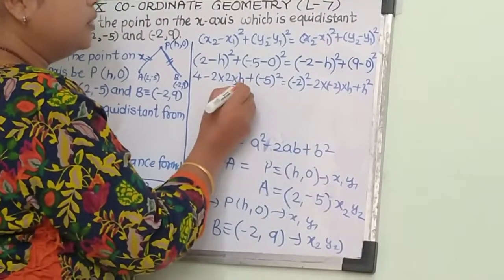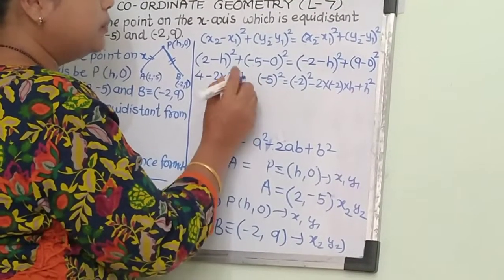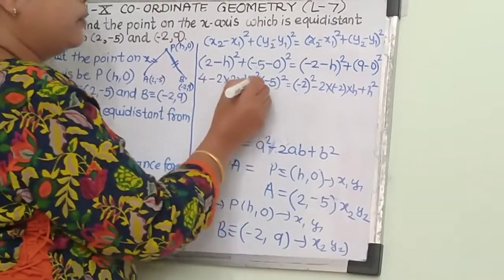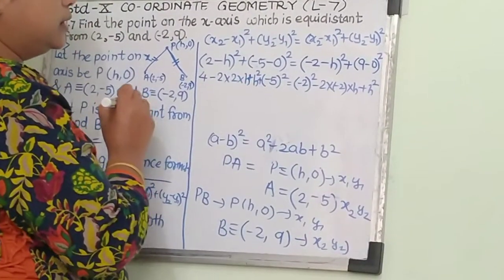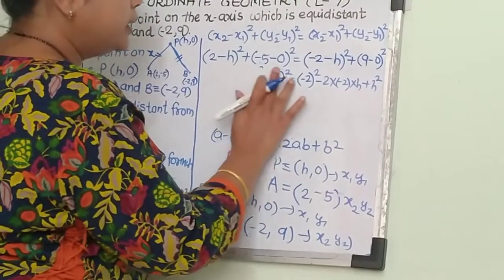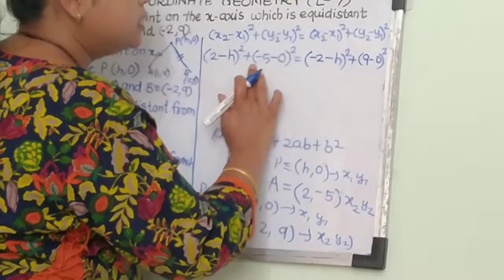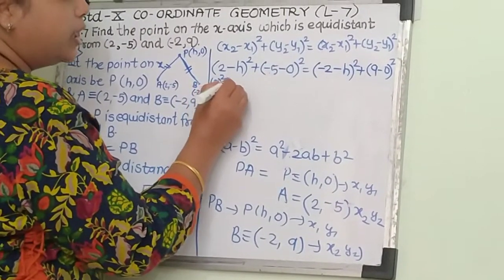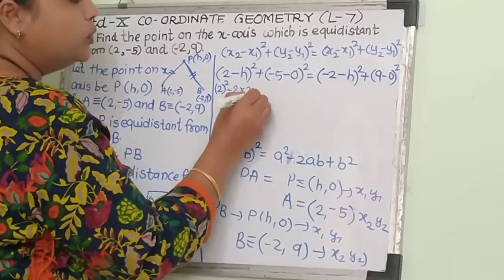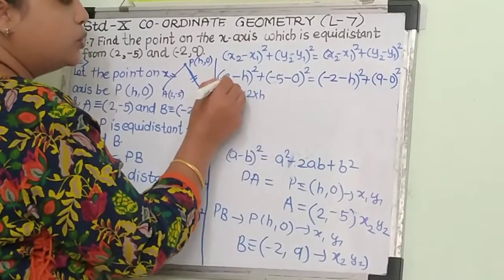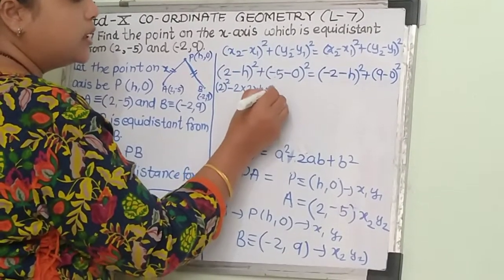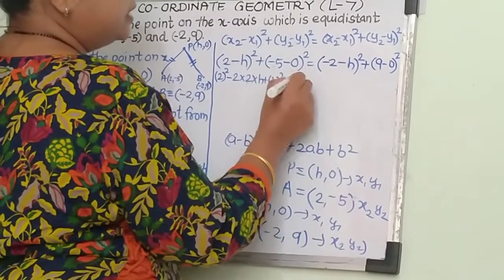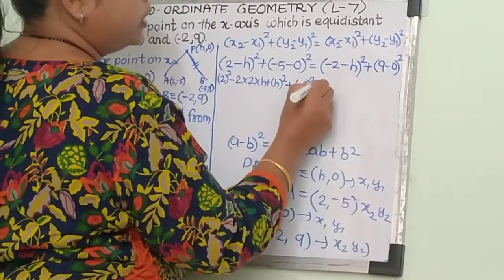Let me write it again: first 2 square minus 2 into 2 into h plus h square, plus minus 5 square.